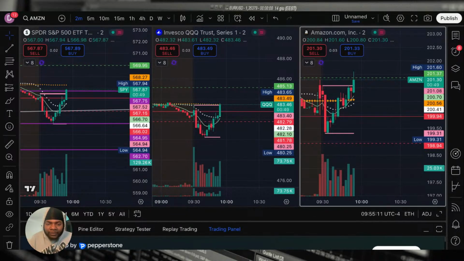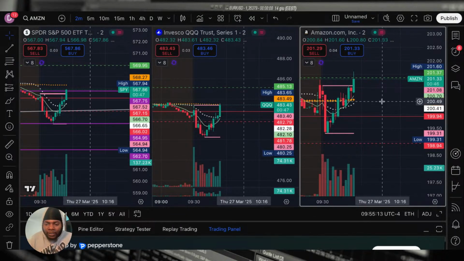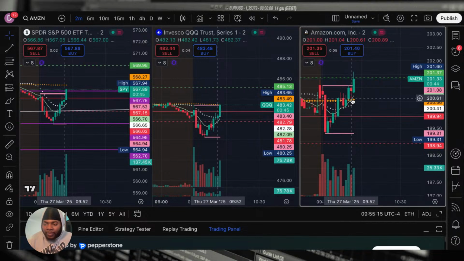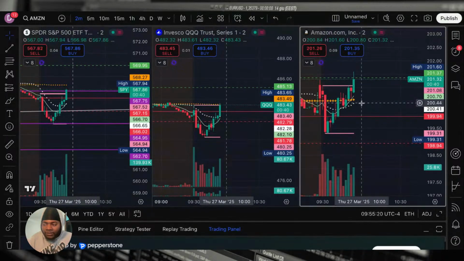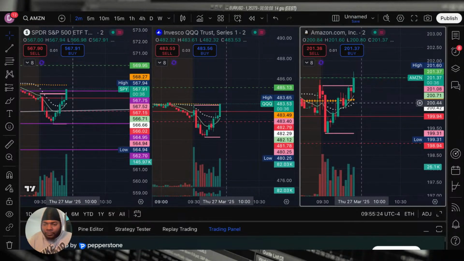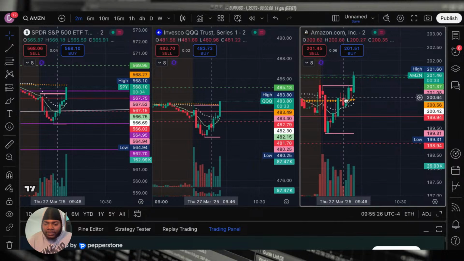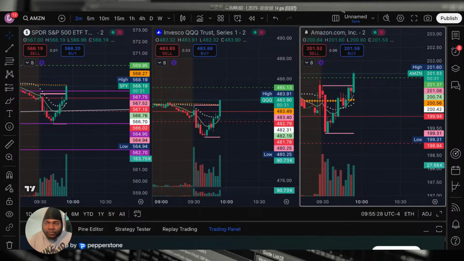All right, guys, I'm gonna take my first entry on Amazon. Stop loss, this candle that just closed. Amazon calls 202.5 calls. Let's see what happens here. Stop loss, this 200 moving average right here.